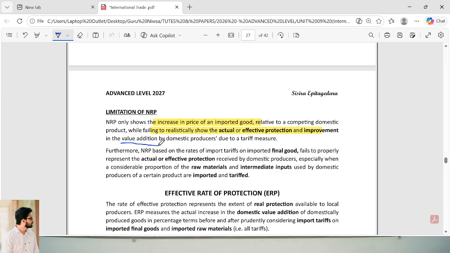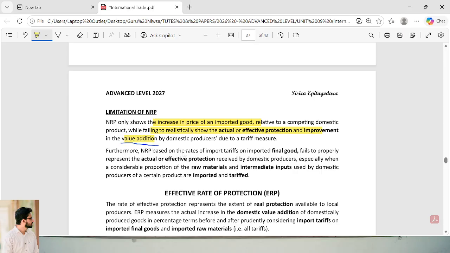So our next step is to calculate ERP. ERP means the effective rate of protection. Highlight this word. Here the main point is value addition.